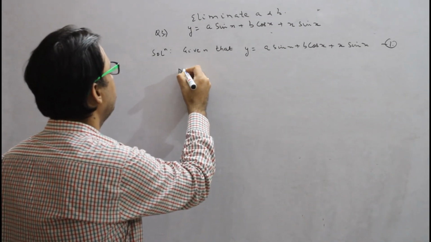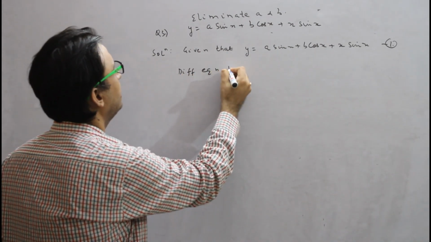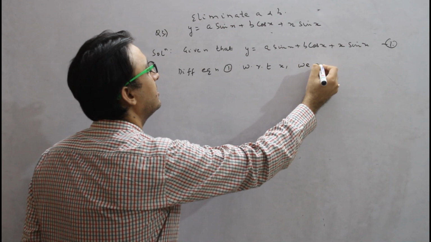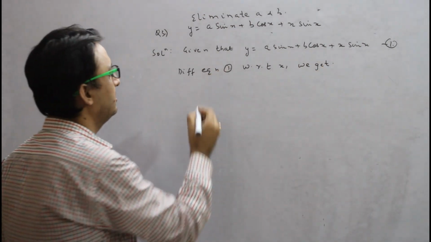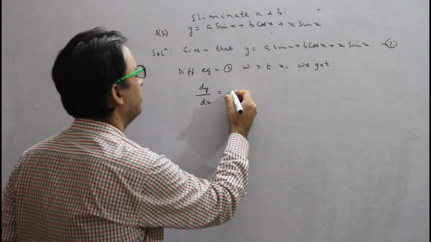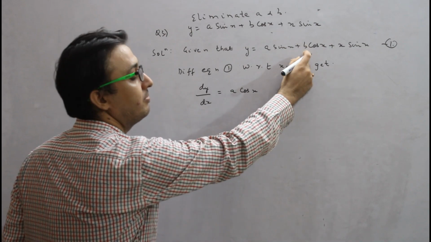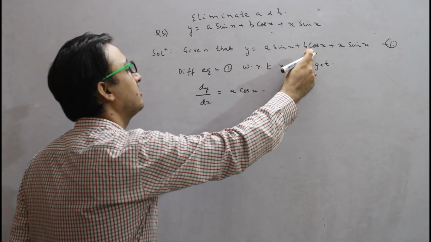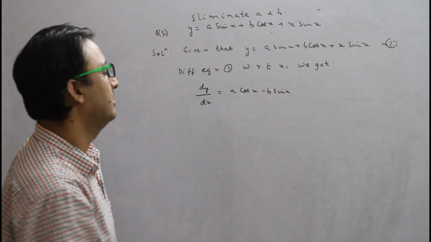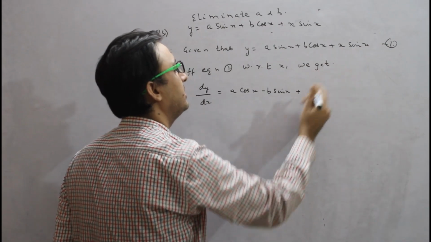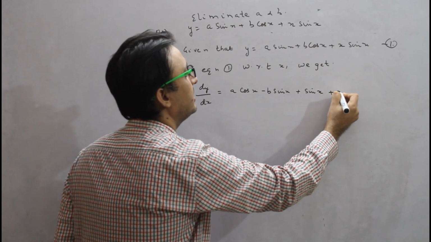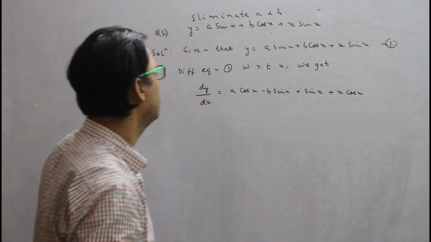So I will differentiate equation 1 with respect to x. So we get dy by dx is equal to a cos x plus, differentiation of cos is minus sin, so that is minus b sin x plus, you can differentiate it by the UV method, sin x plus x cos x.